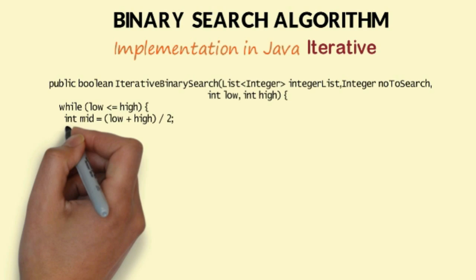We also pass the initial low and high values for the algorithm to use in the first instance or in the first iteration. At this point, let us understand what an iteration is.